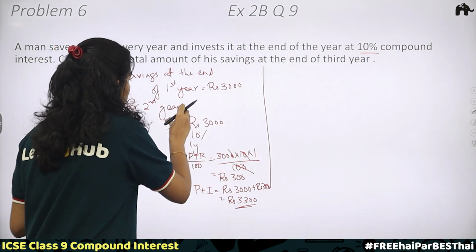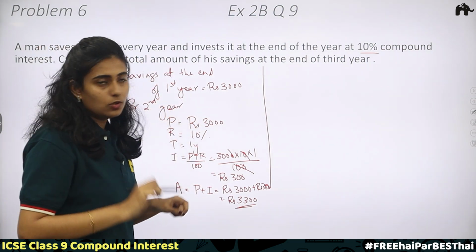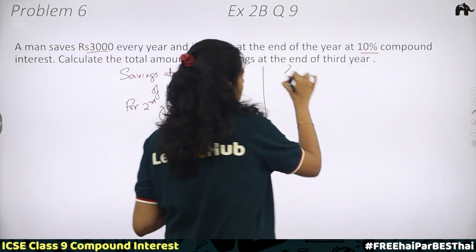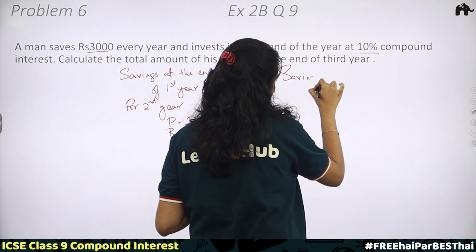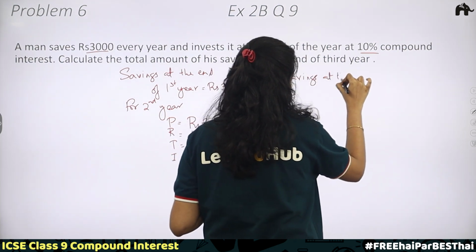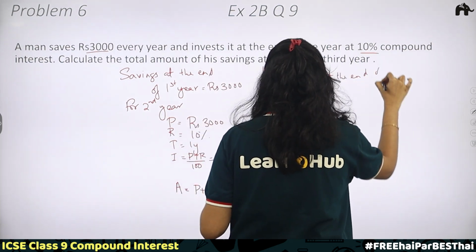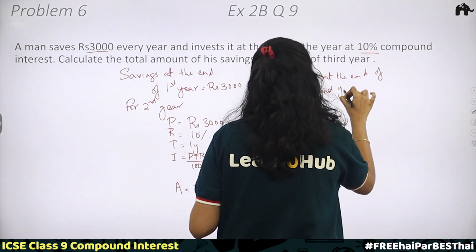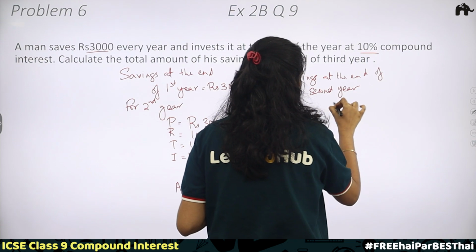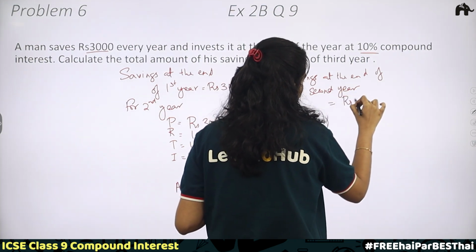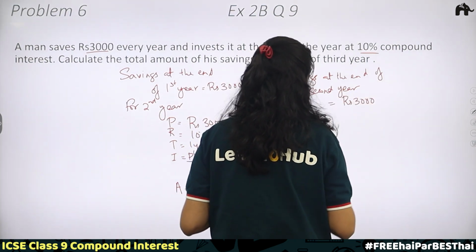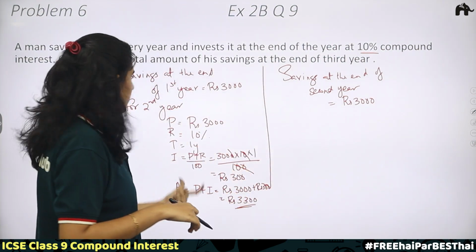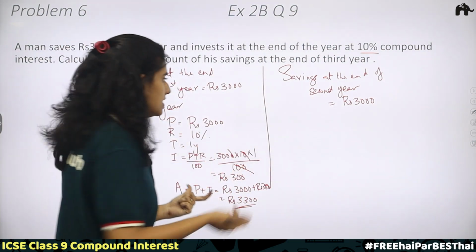Okay, rupees 3300 is the amount at the end of second year. Now he will always save 3000 every year. Okay, so this 3000 will also be there for the next year. Savings at the end of second year will be equal to rupees 3000. Okay, so this savings plus this amount will give you the principal for the next year.